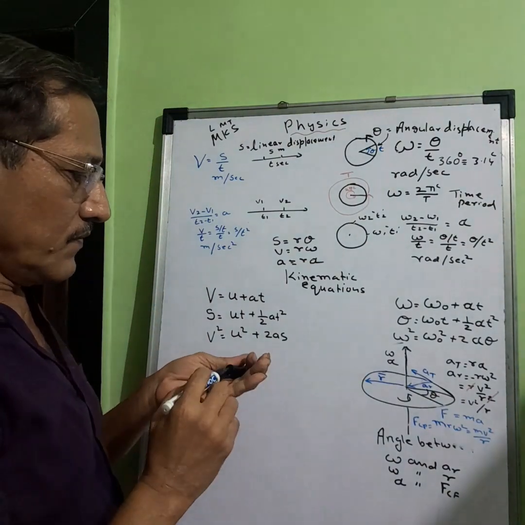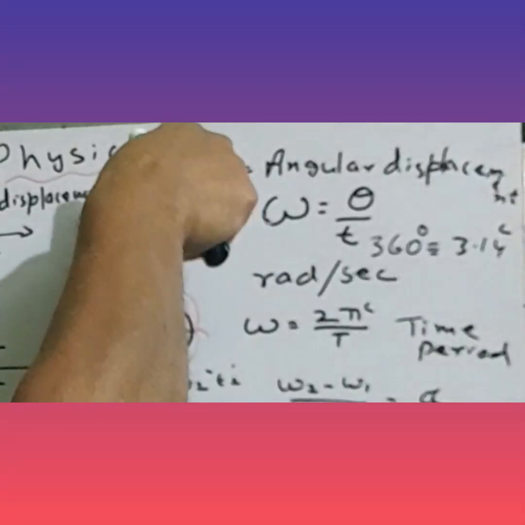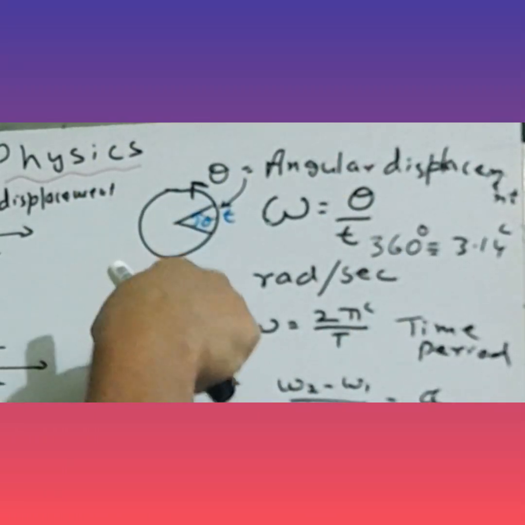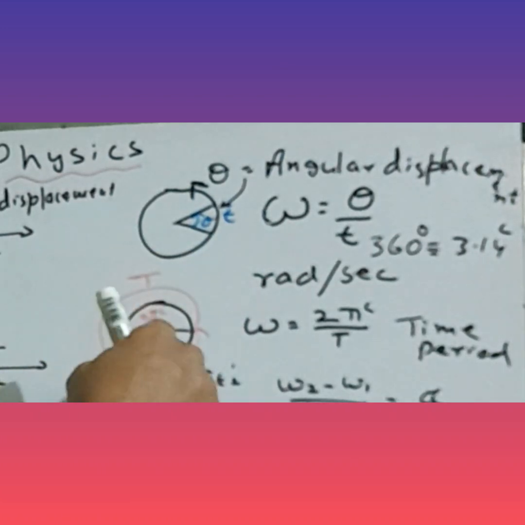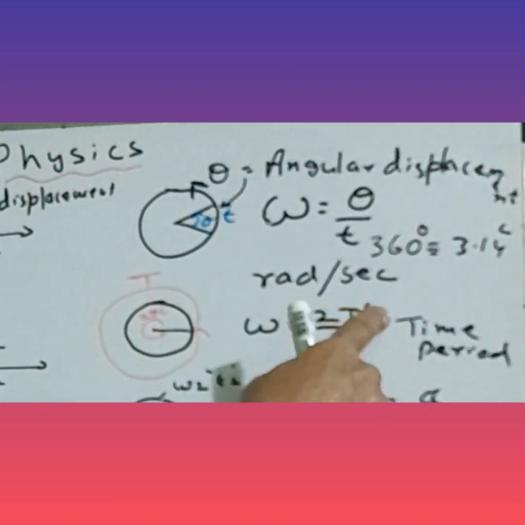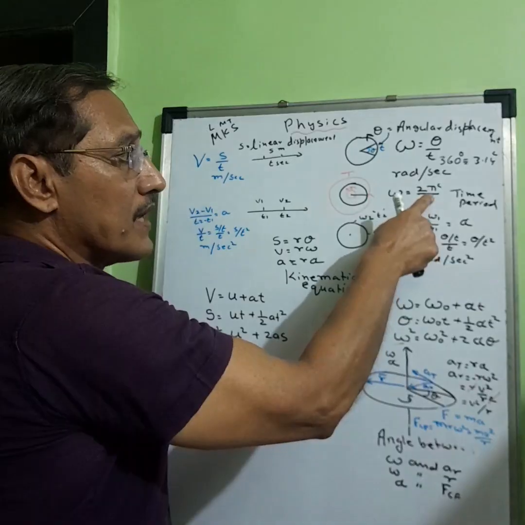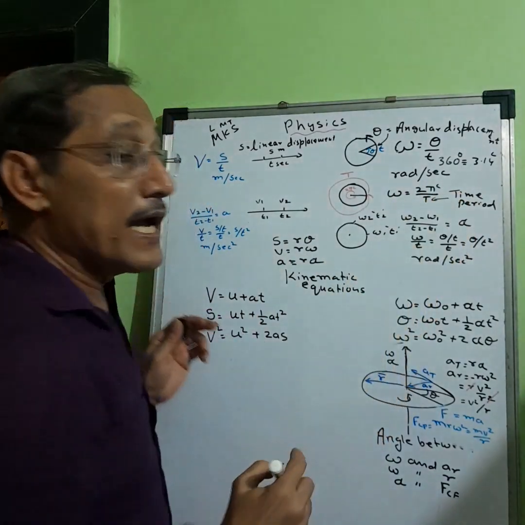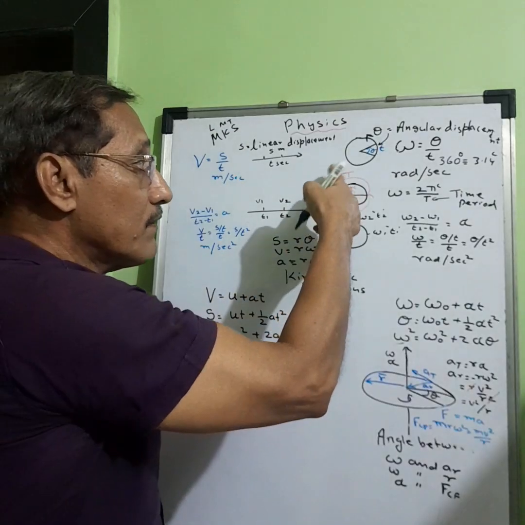We said that when a small angle is covered, we call it theta. When the full circumference is covered, the angle covered is 2 pi radians, so it would be 2 pi radians upon time, and that time has a specific name, which is called the time period.